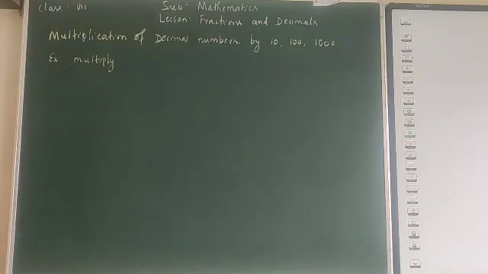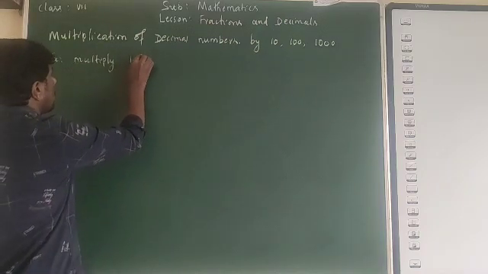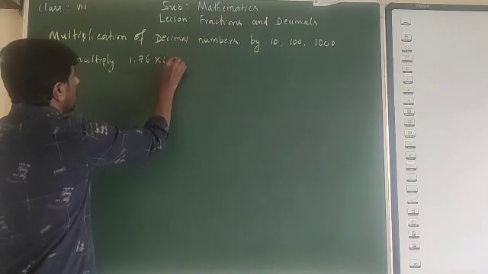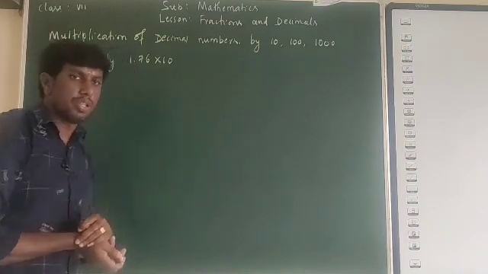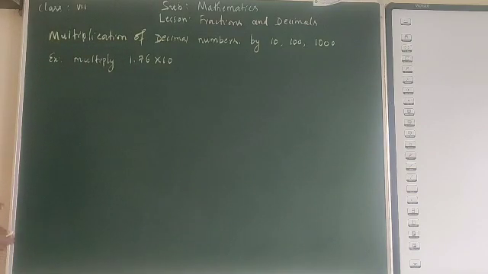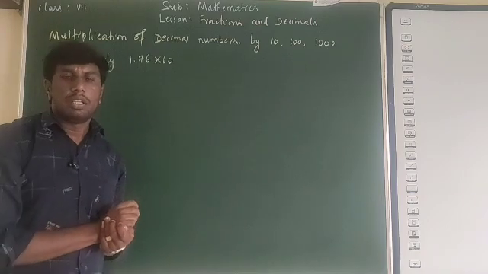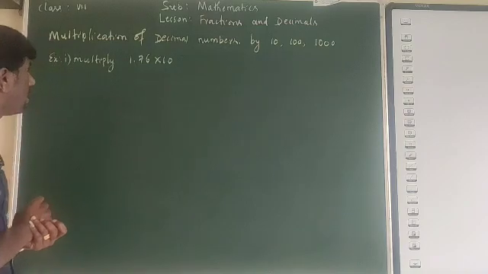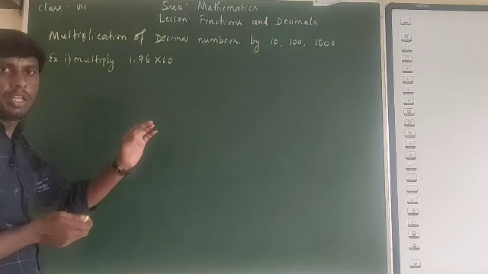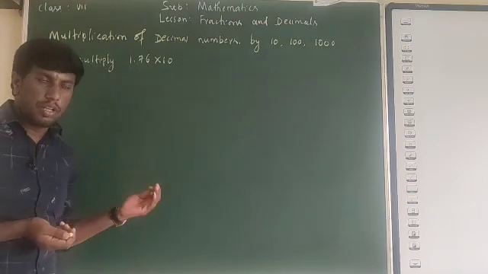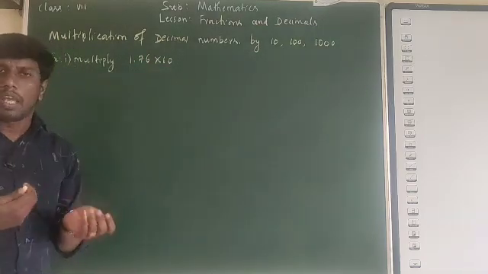Multiply 1.76 into 10. I'll do it first for 10, then 100, then 1000. Then you will get to know the difference. So this is the first one. Multiply 1.76 into 10. Here again I can convert 1.76 into a fraction, then multiply by 10.